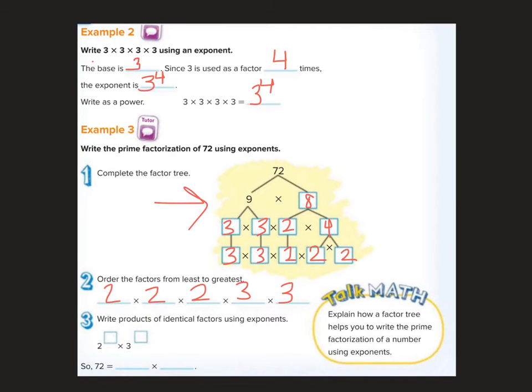But I can write this using exponents, so I don't have to waste my time and make sure I wrote the right amount. I can see that I have 3 2's, so I can do 2 to the 3rd power times 3 to the 2nd power, because I have 2 3's. So this is much easier to write as an answer. So the prime factorization of 72 is 2 to the 3rd power times 3 to the 2nd power.